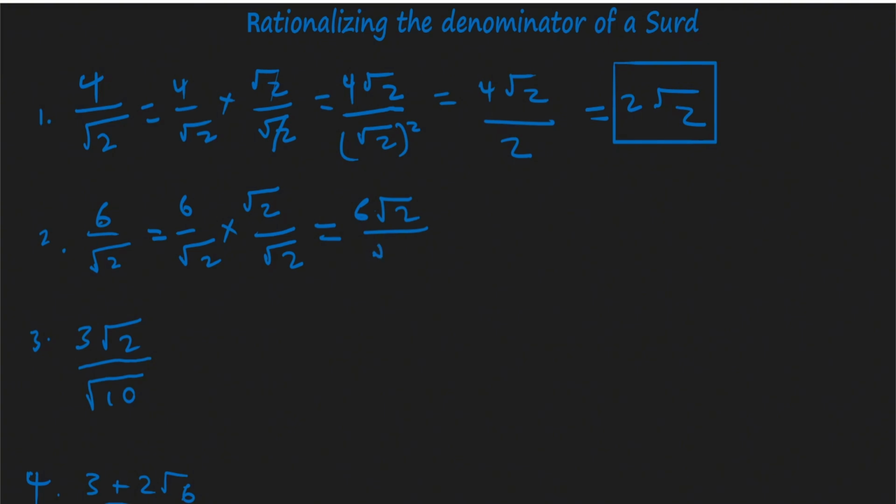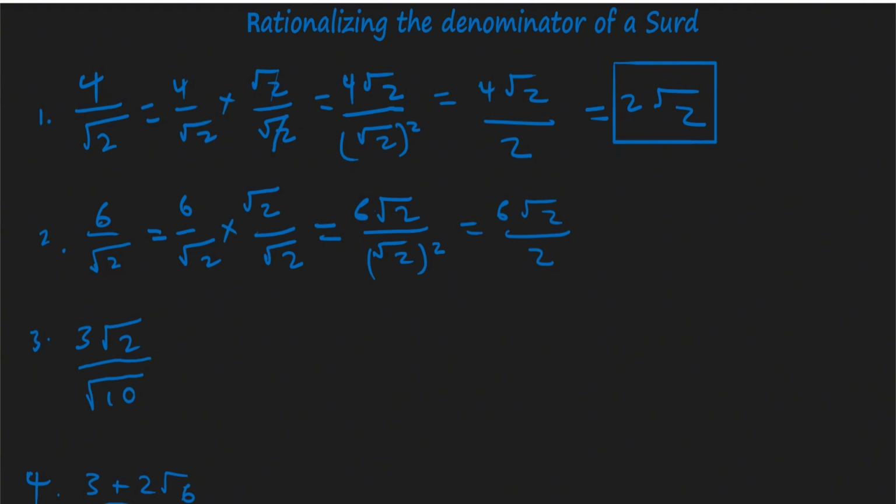We're going to have root 2 squared, as we did before, which will give us 6 root 2 over 2.